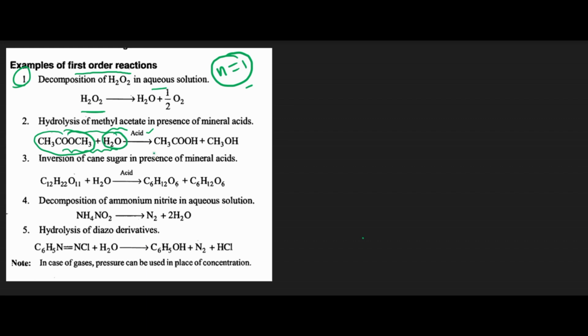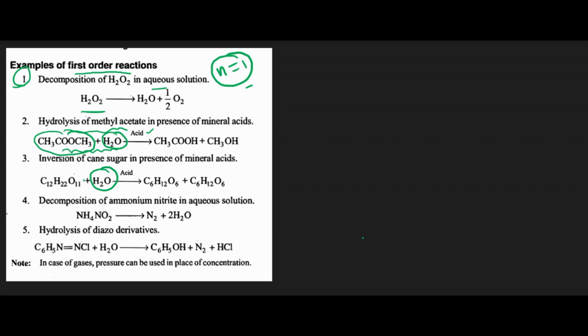Whenever an excess amount of water is added, that amount can be ignored in the calculation of the order of the reaction. As we discussed in the last class, with one numerical based on that, an excess concentration should be neglected in calculating the order.